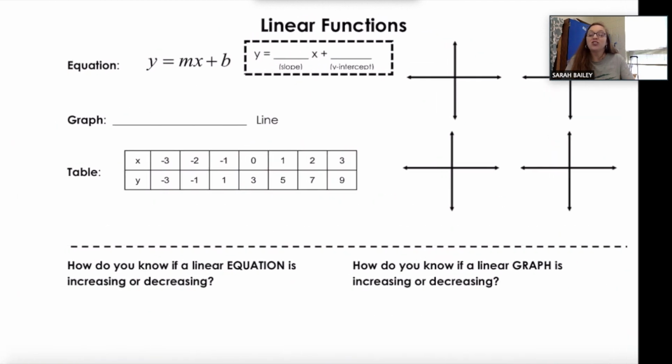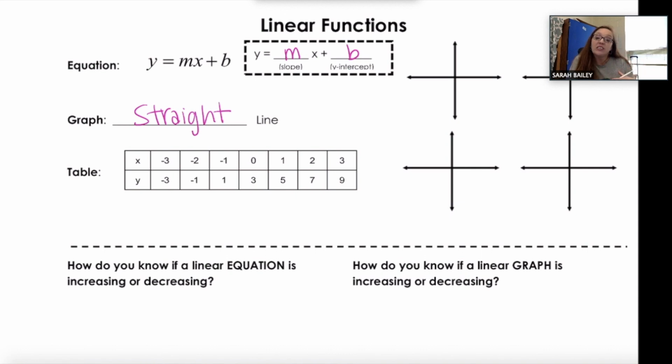So linear functions are always going to be in the form y equals mx plus b, or they can be converted to that form. So m being the slope, b being the y-intercept, and the graph is going to be a straight line.